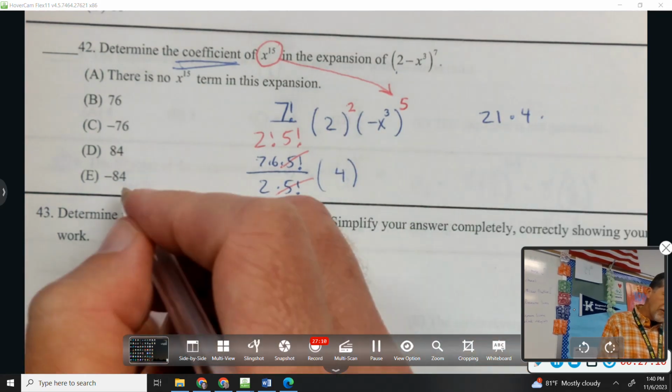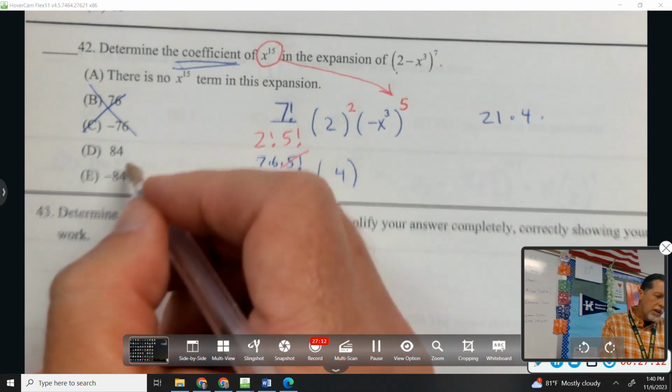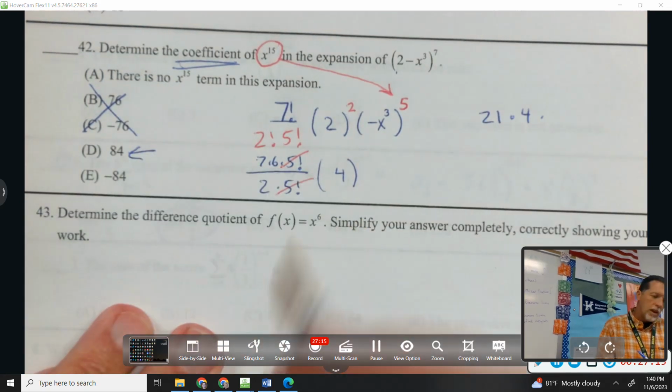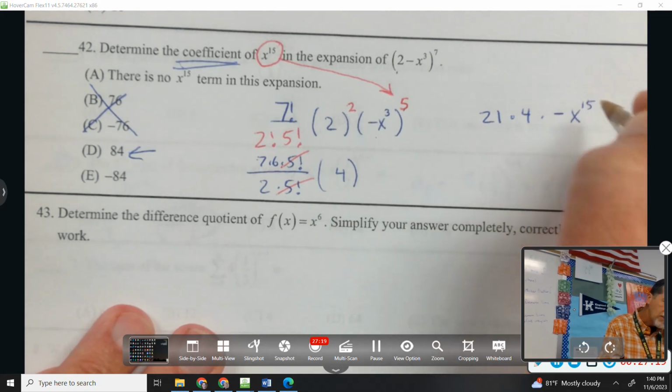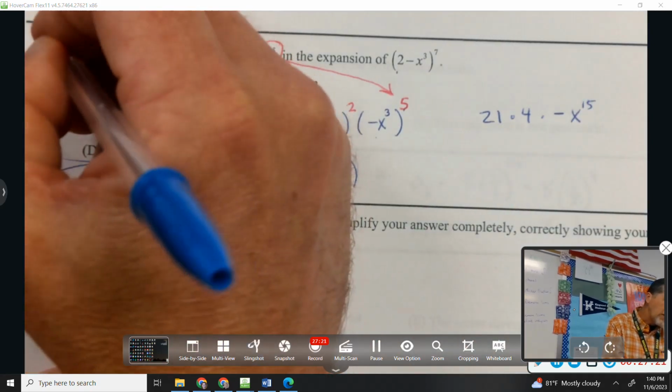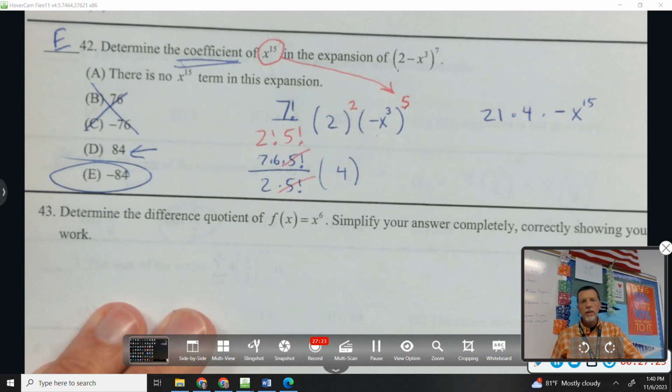And be careful, it might look like it's 84. If I fifth a negative, that's going to get me negative x to the 15th, so it's negative 84. I don't know where the 76 comes from.